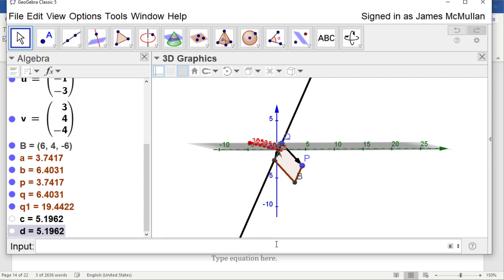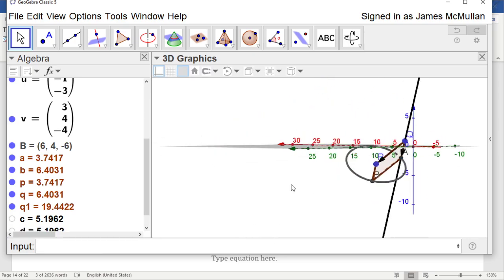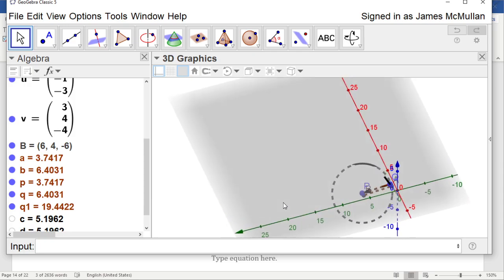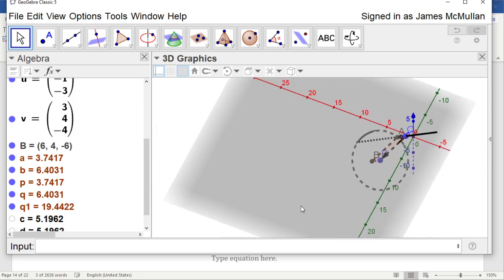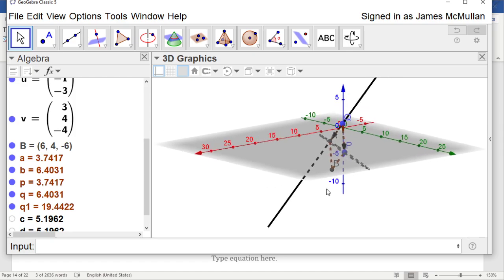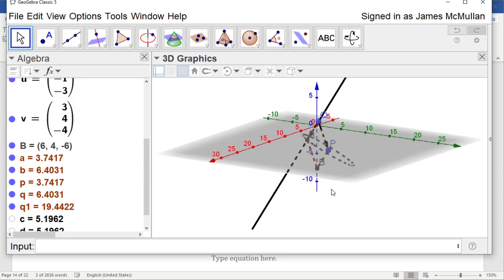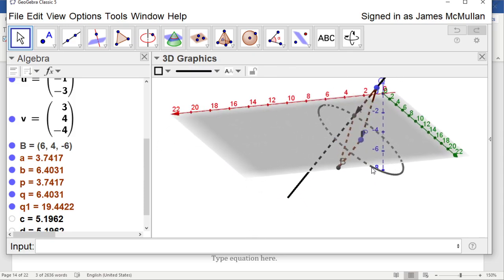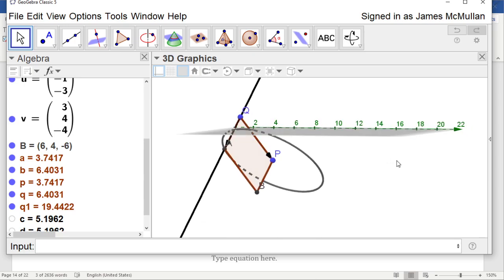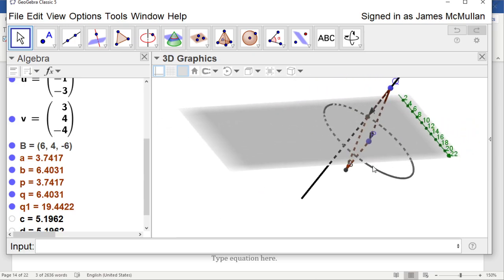That's how far away P is from that line. Now we can sort of show this if we draw a circle at point P with radius d. Indeed, that circle of that exact length contacts the line once, where it's perpendicular directly across from it. So again, what you're doing here is trying to find how close P is to that line.